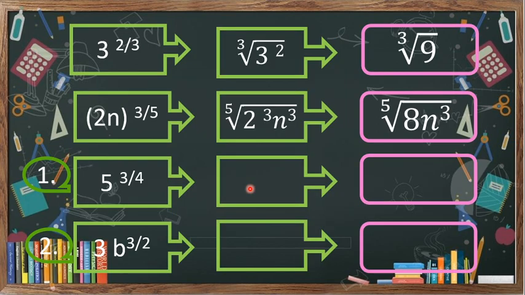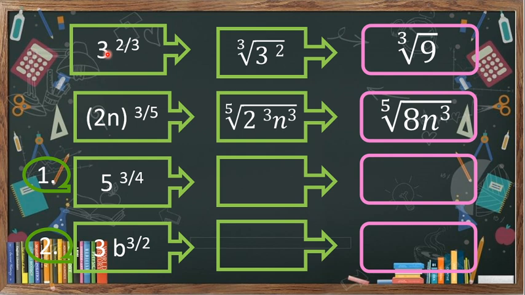Now, let's try the following. How to write this into radical form. So, I have here two examples. I will give you time to think of your answer. I have here 5 items. First, I will show you my first example: 3 raised to 2/3. If you're going to write that into radical form, 3 is the index because 3 is the denominator.